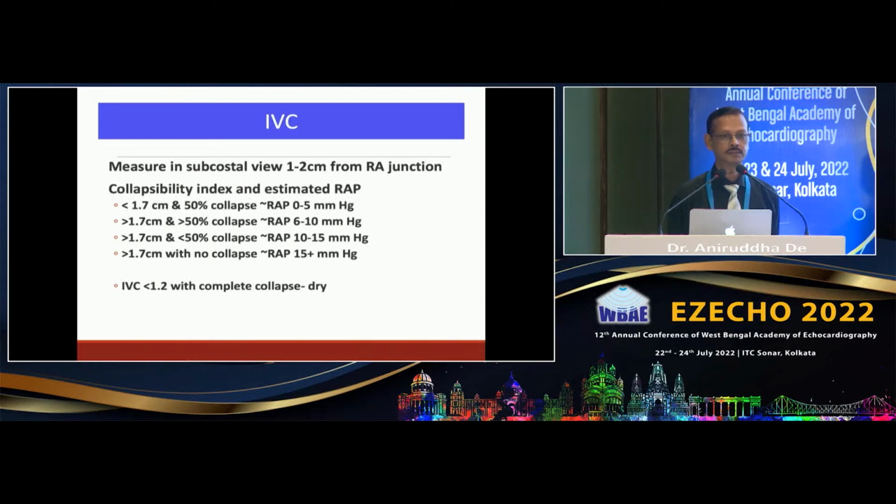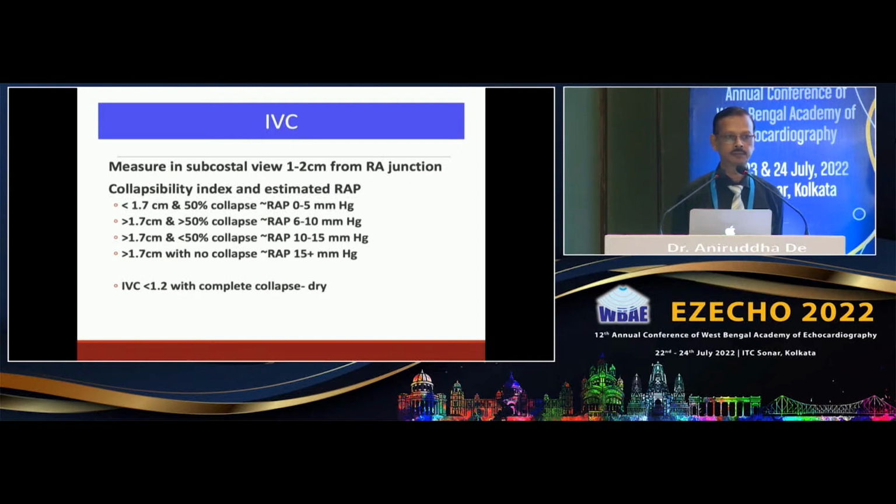Fractional change by 2D doesn't give you an exact representation of the volumes, because it is very difficult to get the volumes of the RV by 2D imaging. It is by 3D imaging only. And they have said that the RV strain, the TAPSE and the RV S prime have been correlated well with prognosis. Exactly. So fractional change can be done, but these three are more important.